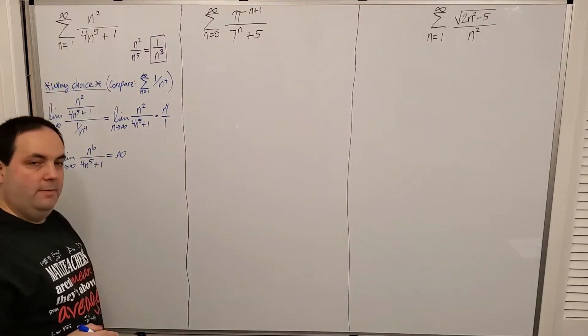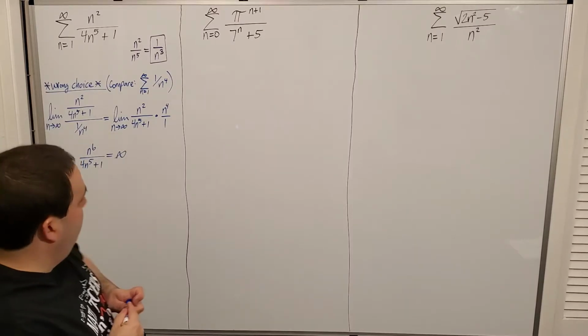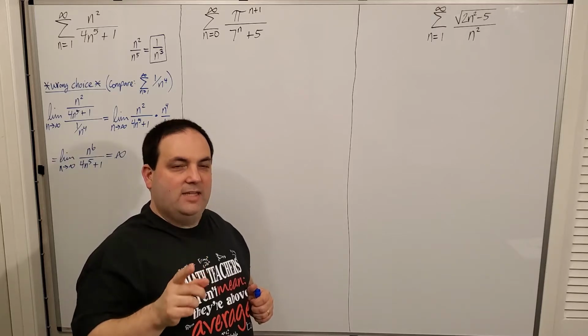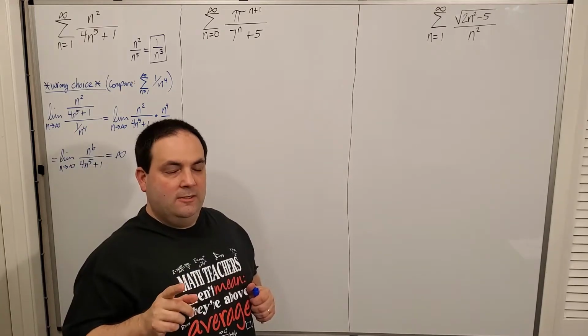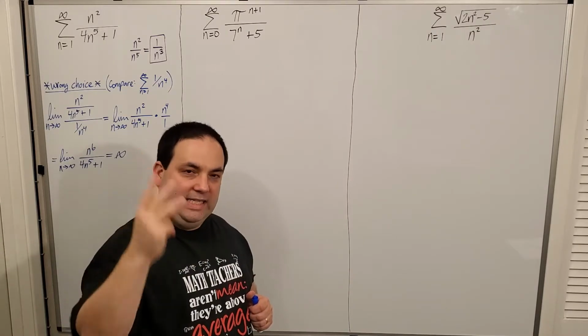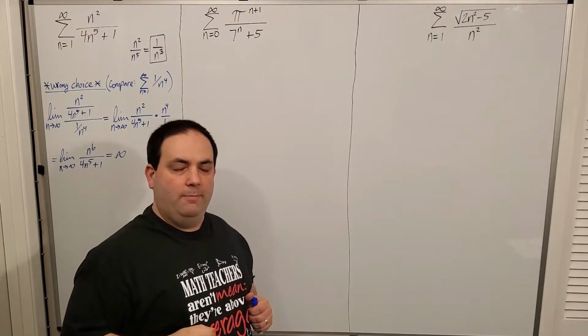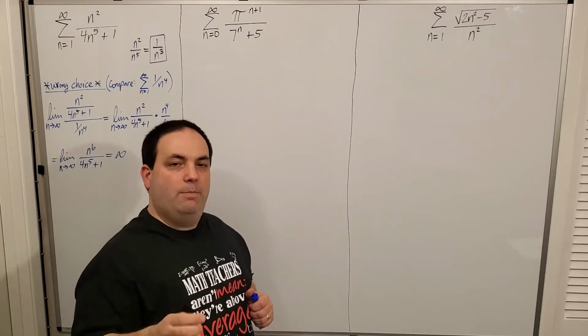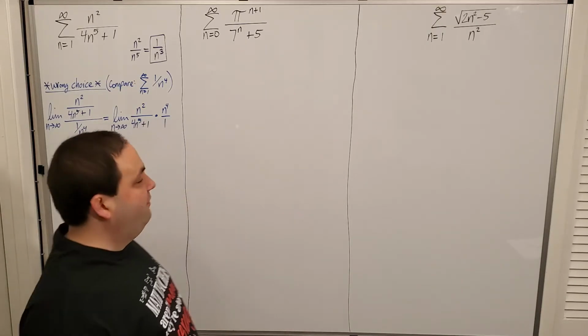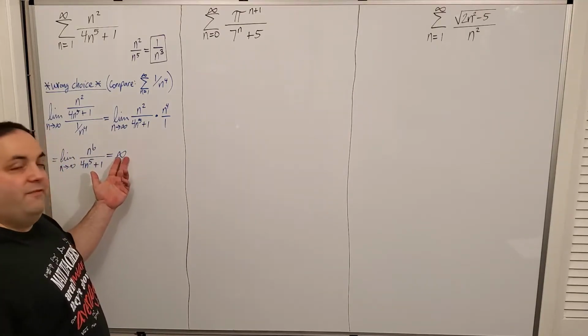It's going to be infinity. Okay? Now, remember back, or rewind and come back here if you want, the limit comparison test only succeeds if the limit exists and is bounded and is not zero. Okay? So it can't be infinity, it can't be zero, and it must be something that exists. Okay? It can't be undefined.